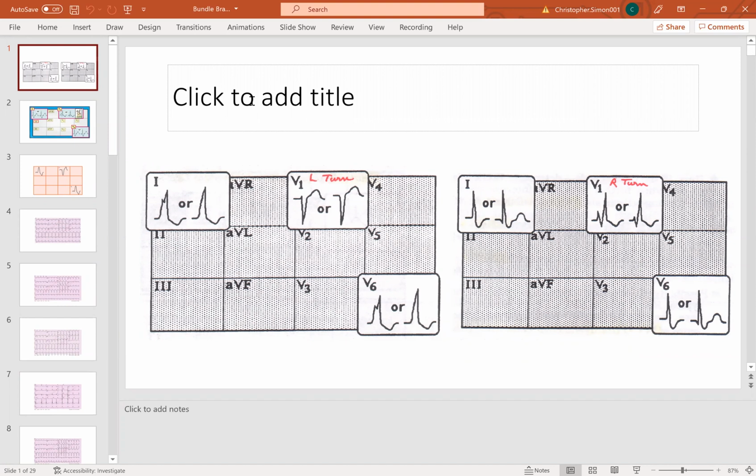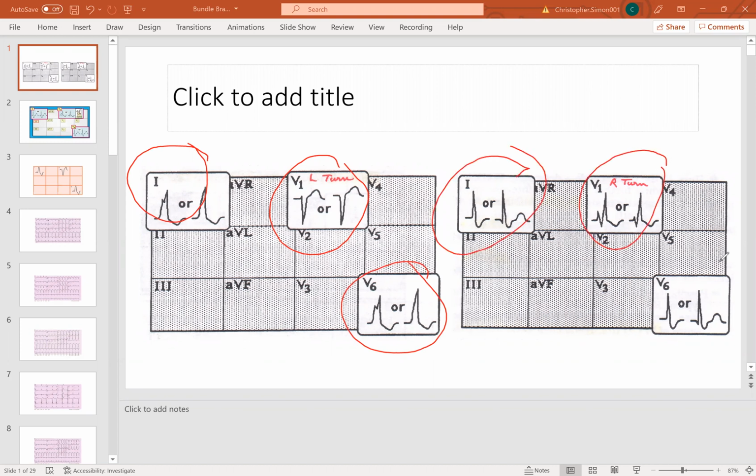So for bundle branch blocks, what we need to do is we need to look at our money leads for bundle branch blocks, and those are going to be V1, lead 1, and V6. V1, lead 1, and V6.